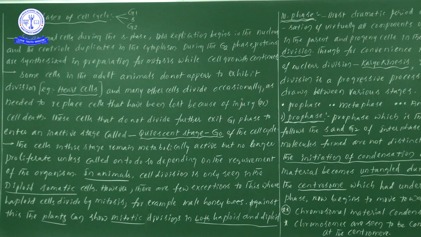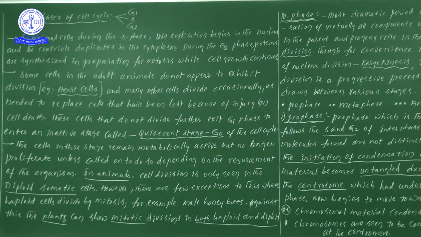In animal cells, for example heart cells, if new cells are needed, then only some cells will be divided. If there is no need, those cells will not go for division.